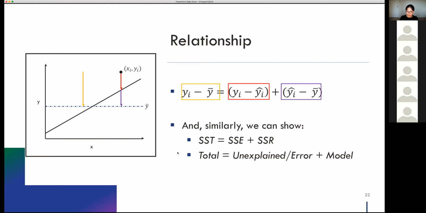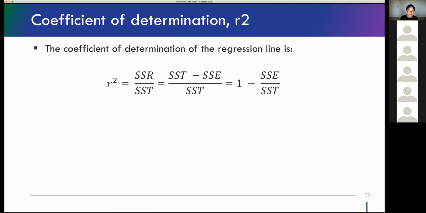Now we can get our definition for R square. It's called the coefficient of determination of this regression line, but I think R square is easier to call. It's defined as SSR divided by SST. And we know SSR plus SSE equals SST.